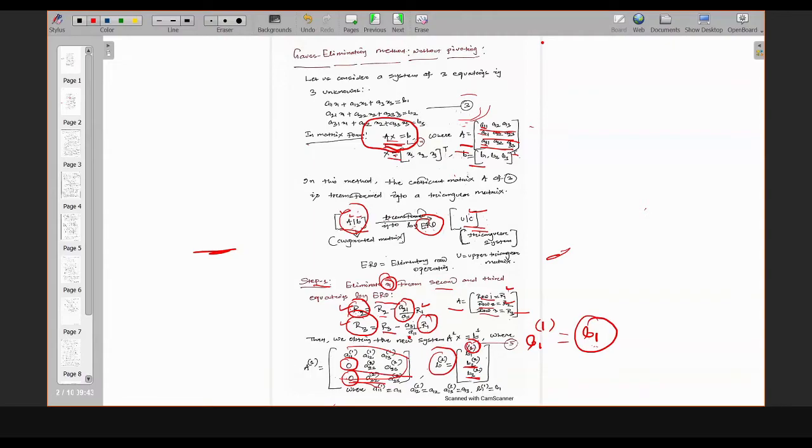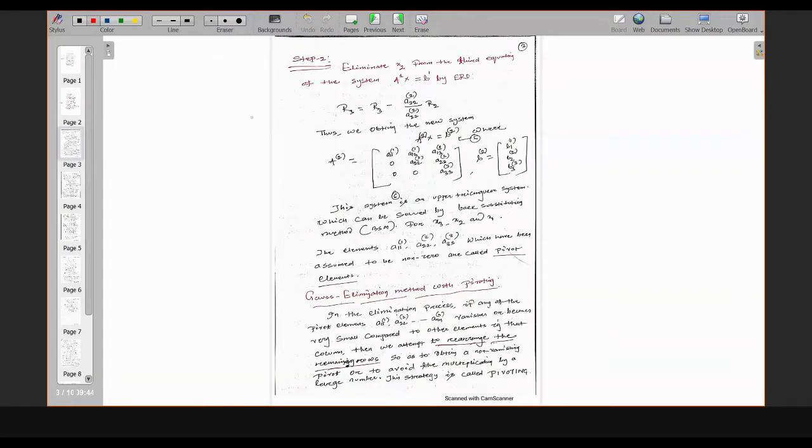Now you can go to the next step, because you want to convert to an upper triangular system. Still it is not an upper triangular system, so you have to go for another iteration. Another elimination is needed here to convert to an upper triangular system.